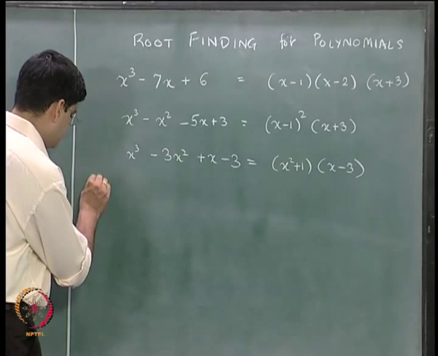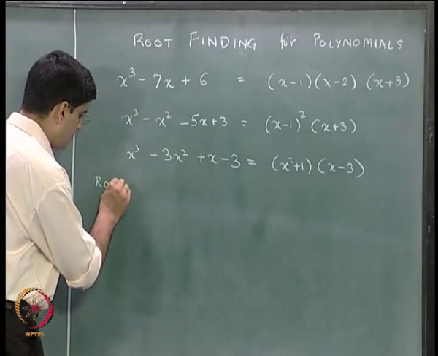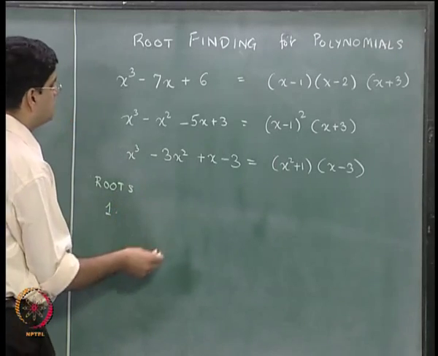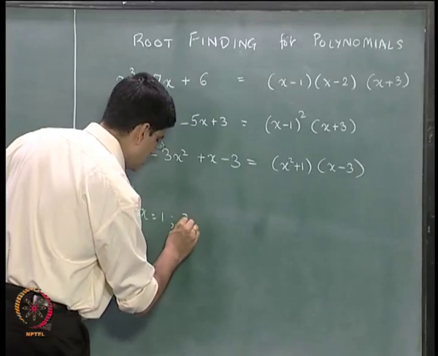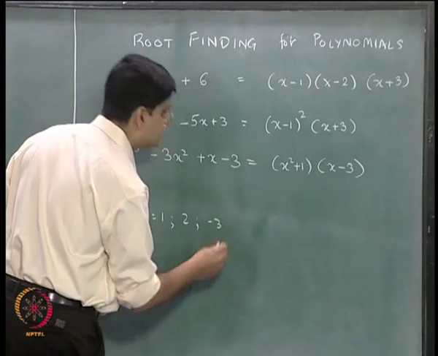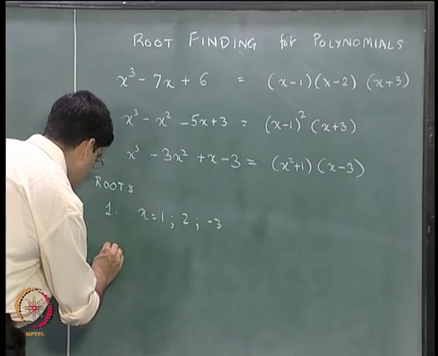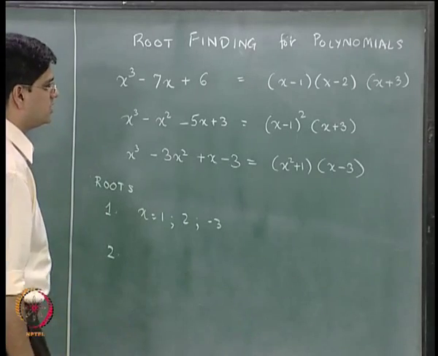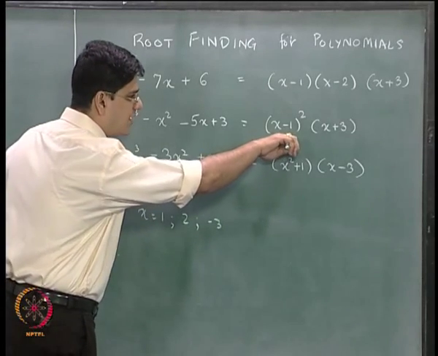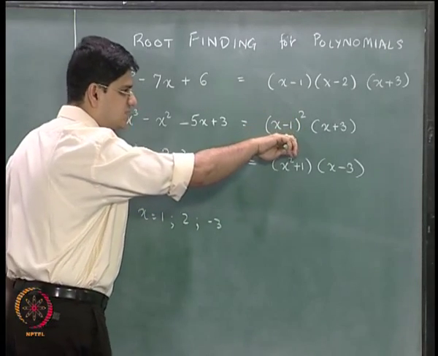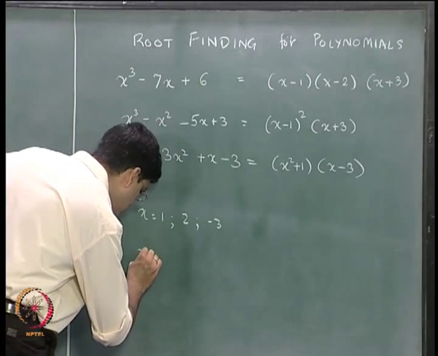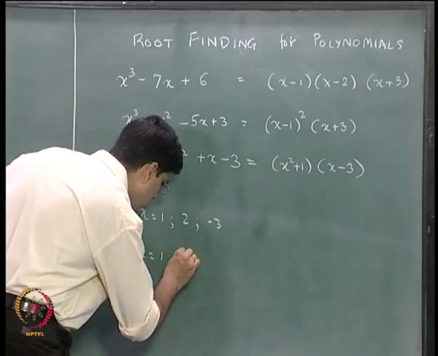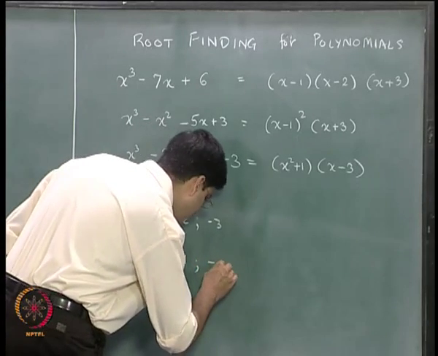The roots for the first polynomial are x equal to 1, x equal to 2 and x equal to minus 3, as we had listed earlier. The roots of the second polynomial are x equal to 1, the second root is again x equal to 1, and the third root is x equal to minus 3. So x equal to 1, 1, minus 3.